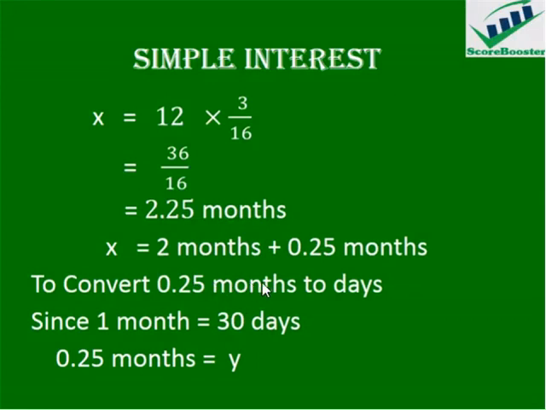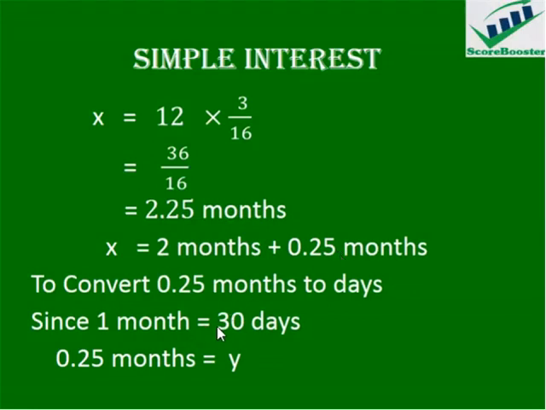To convert 0.25 months to days, we already have 2 months, but we want to know how many days this 0.25 months is. 0.25 months is not up to a month, it's like some days in a month. So we want to know the number of days that will be equal to 0.25 months.